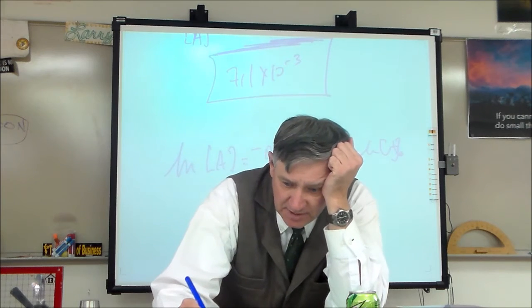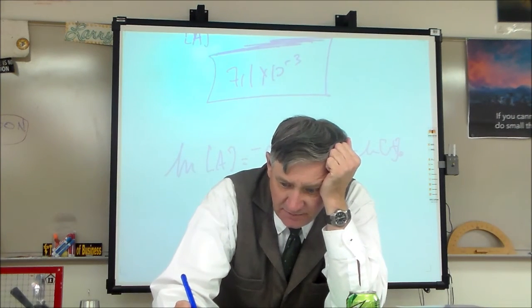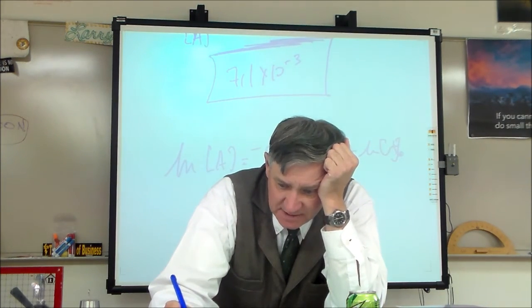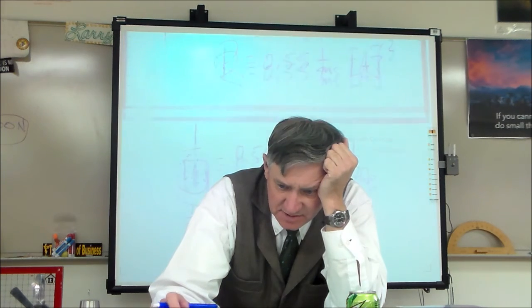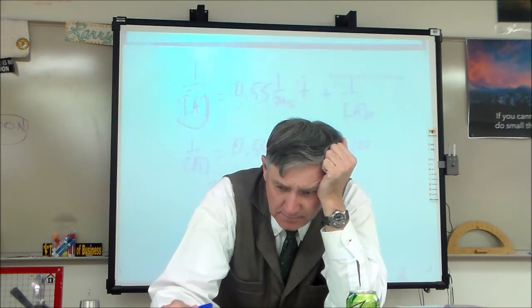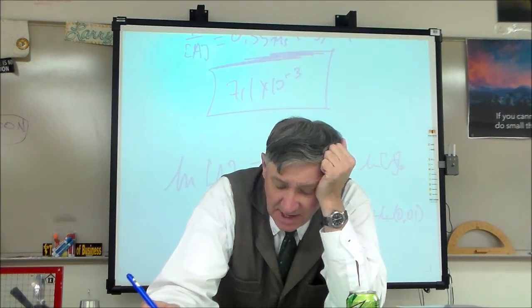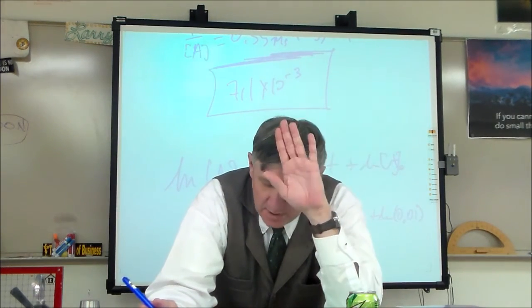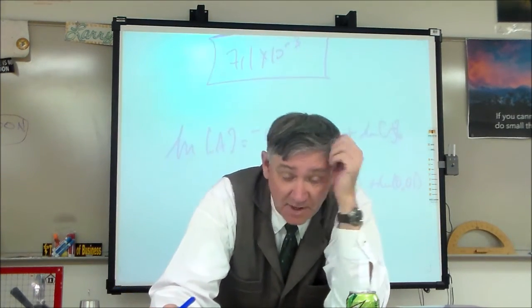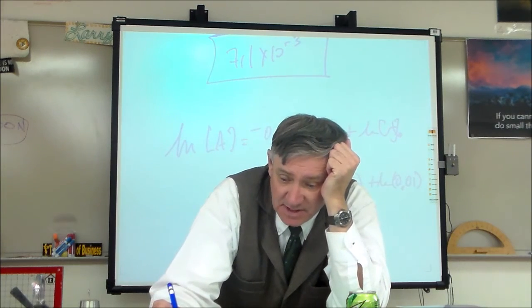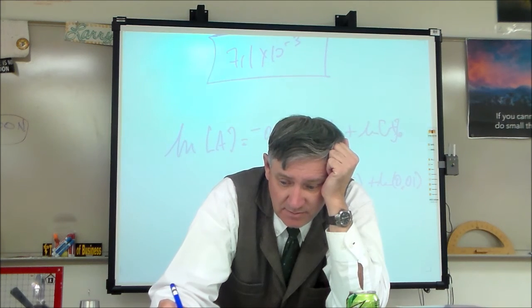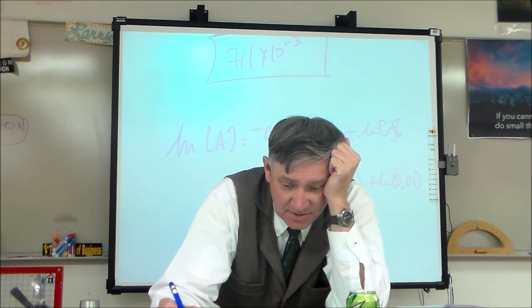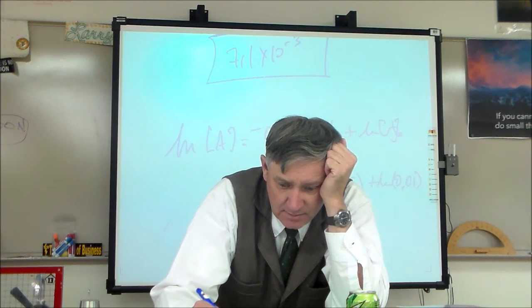So if I want to do this, I take negative 0.004, 1 over seconds, times 75 seconds, plus the natural log of, what was my initial concentration? I have no idea if this is even going to work. This is completely random, but I'm just going to show you the process. So you're going to take the natural log of 0.01, add that to 75 times negative 0.004, and what do you get?